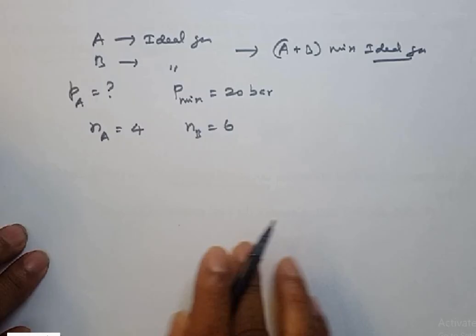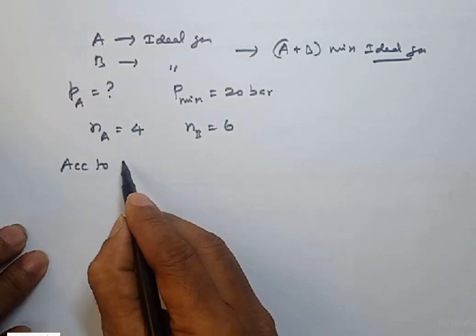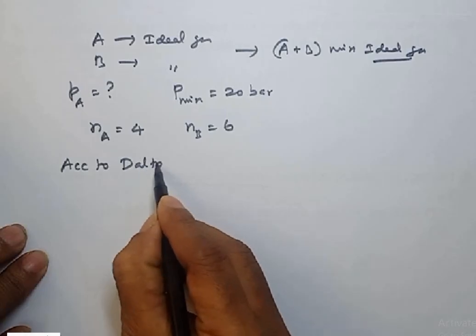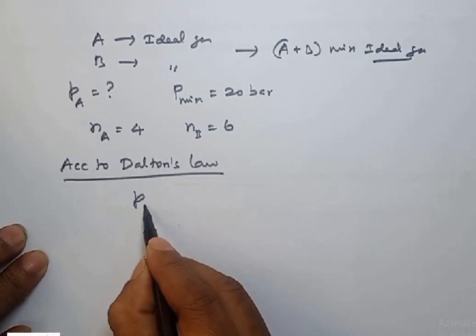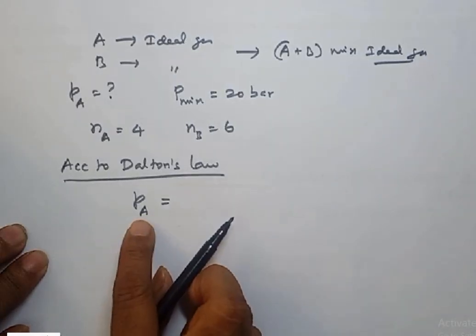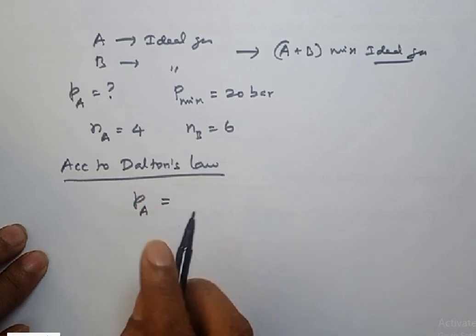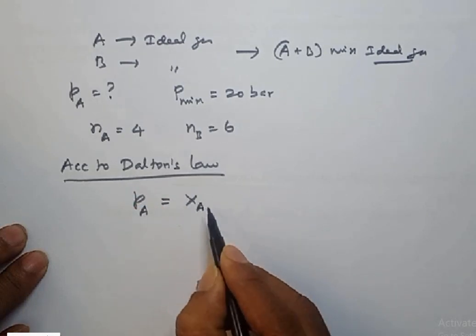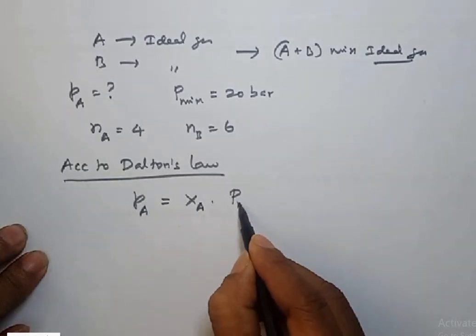We know very well, according to Dalton's law, which is applicable for ideal gas mixtures, partial pressure of any gas in a mixture is equal to mole fraction of the component in the mixture into the total pressure of the mixture.